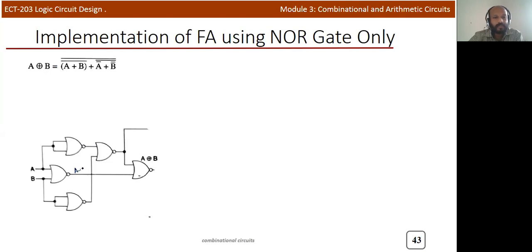This is A plus B the whole bar. This is NOT gate. This is A bar, and here you will get A bar plus B bar the whole bar, and in the lower portion you will get B bar. So this is B, so here you will get B bar.